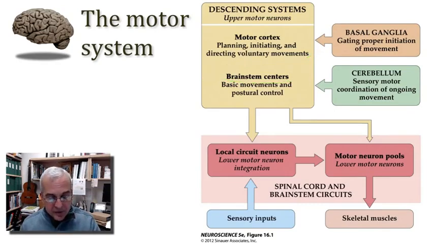So from these brainstem centers, for example, we have the coordination of posture, as well as the organization of basic movements that are essential for sustaining goal-directed behavior, such as locomotion and other rhythmical, highly stereotypical activities, including things that we do with our cranial structures, like chewing.